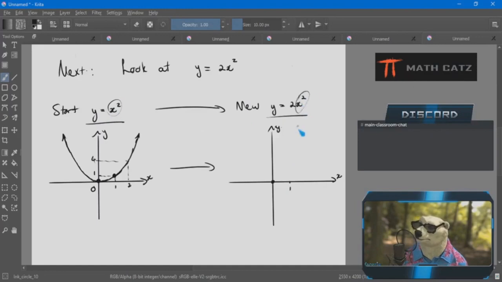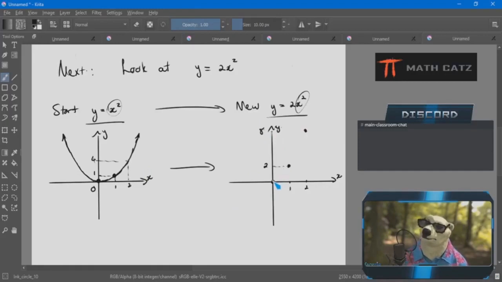The right-hand side is still there, but then it's multiplied by 2. So now I'm going to sit higher up. I've doubled my y value to 2. If I look at what happens at x equal to 2, originally, 2 squared, right-hand side, is still there, and then I double it. So it's going to be even higher at, let's say, 8 sits over here.